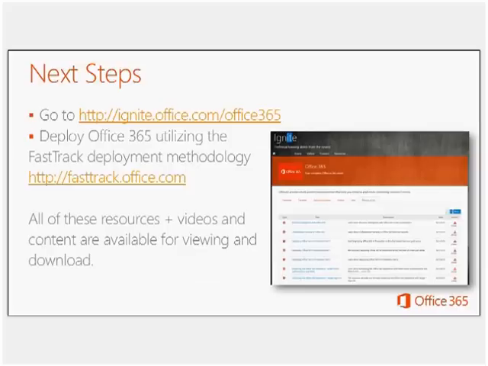If you're looking to deploy Office 365, really focusing in on the FastTrack deployment methodology, all of these decks from our sessions that we do around the world and on these webcasts are there, and videos, click-throughs, guidance, it all sits there on Ignite, and hopefully you guys are finding this to be a really great resource, because we're putting everything directly from our technical product management team and from engineering hits this site for readiness.